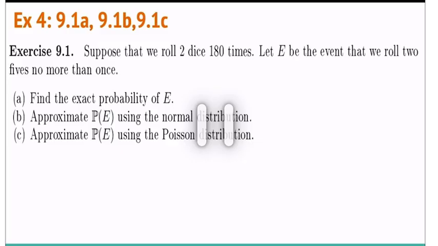Now let's get started. Suppose that we roll 2 dice 180 times. Let E be the event that we roll 2 5s more than once. Find the exact probability of E. Please pay attention.